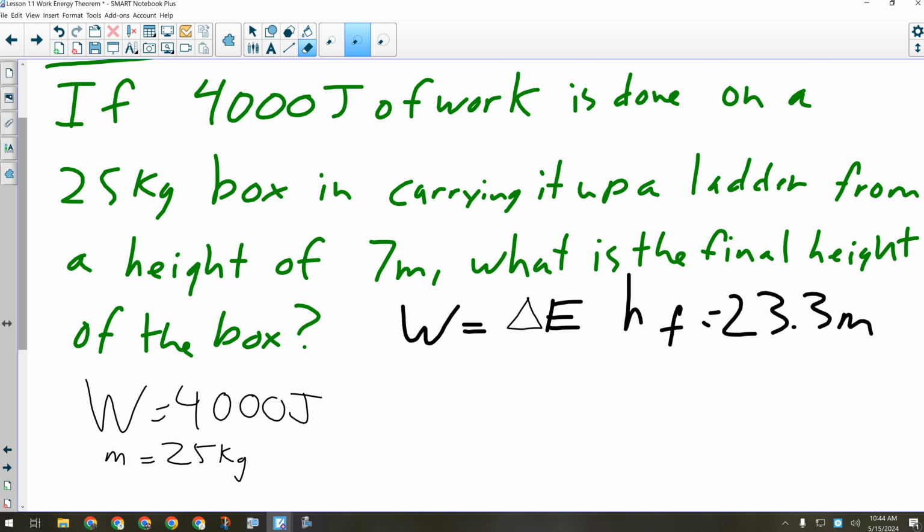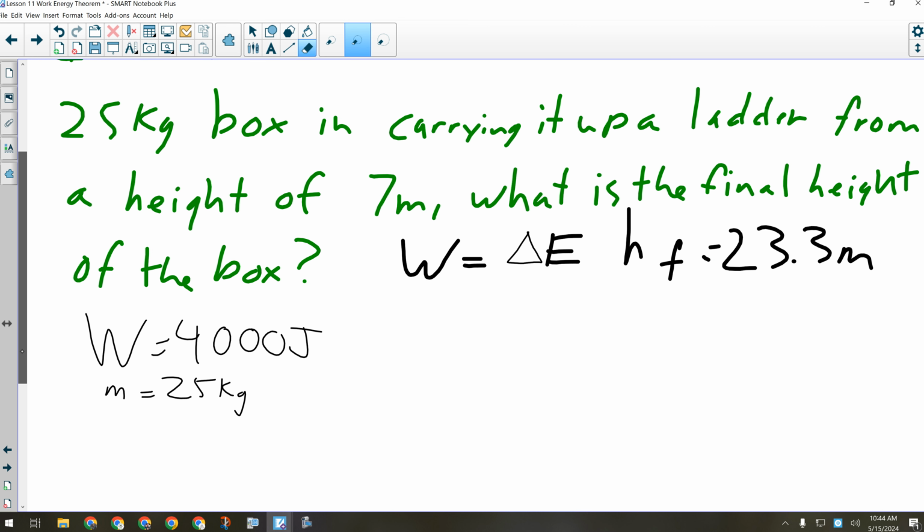So that would make 7 meters initial or final? Initial. So that would be our initial height, 7 meters, and we're looking for the final height. Given that information, height is changing. What kind of energy changes when height changes? Potential energy. So then I know that work is a change in EP. All right.